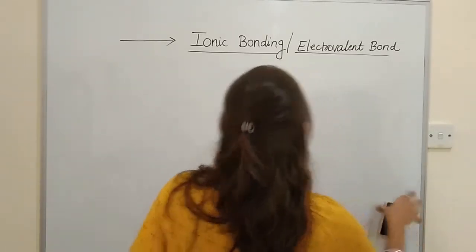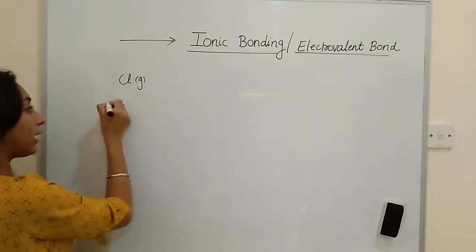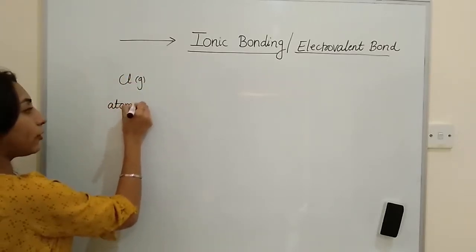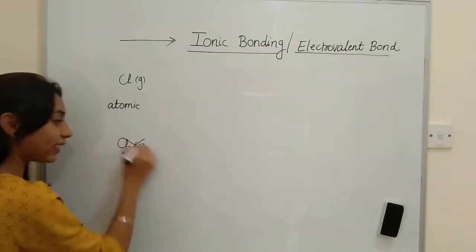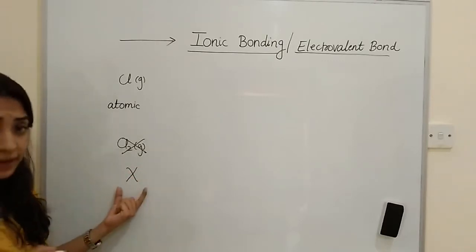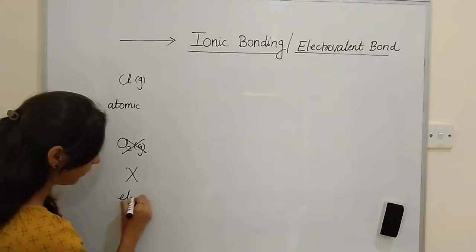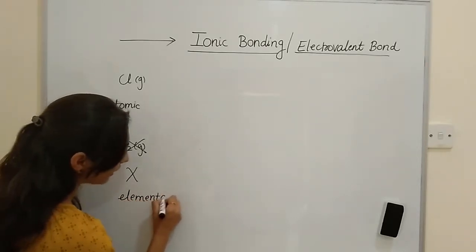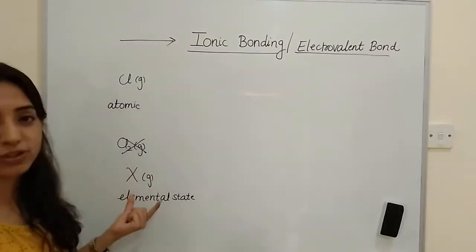Okay. So consider an anion, let us say chlorine. Now you have to take the atomic state. I am simply talking about any particular atom in the atomic state, in the elemental state. This is known as elemental state when it is present alone in the gaseous state.